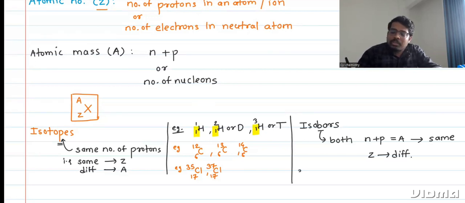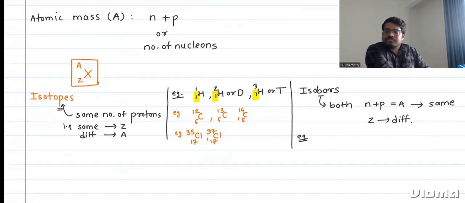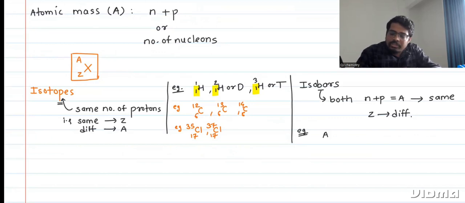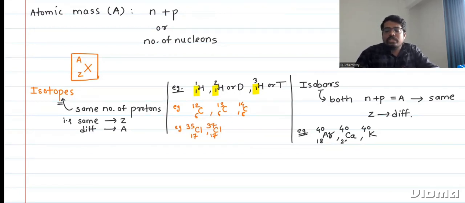For example, argon 40, calcium 40, and potassium 40. Here the atomic number of argon is 18, calcium is 20, and potassium is 19.